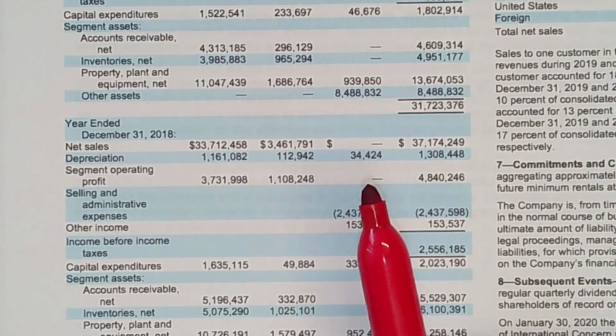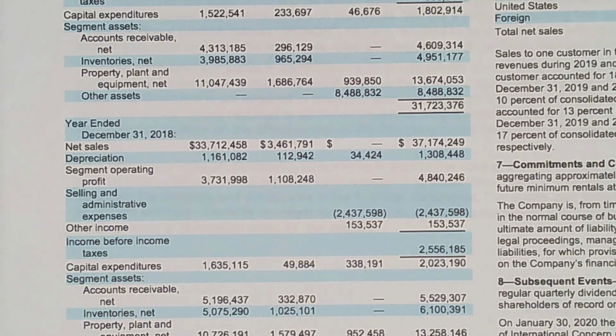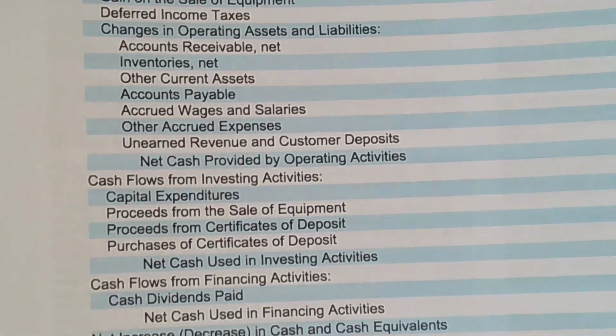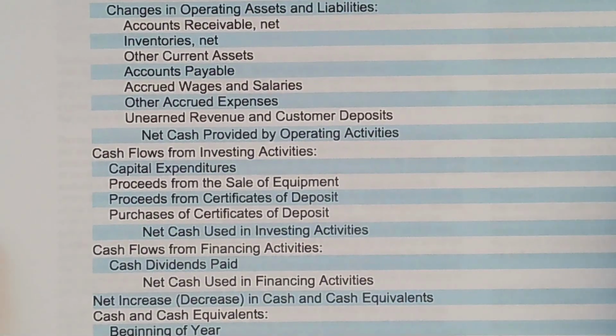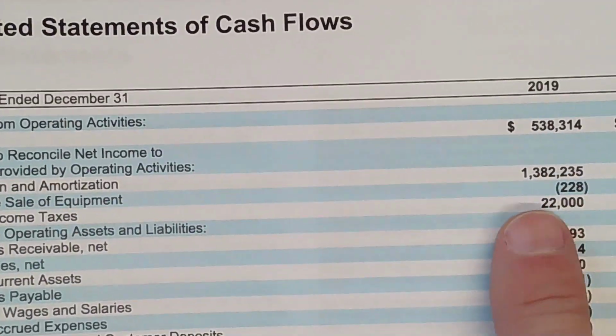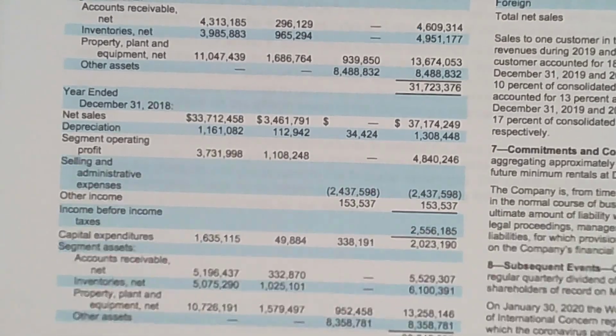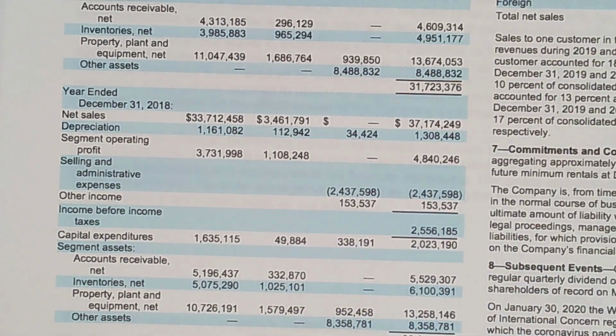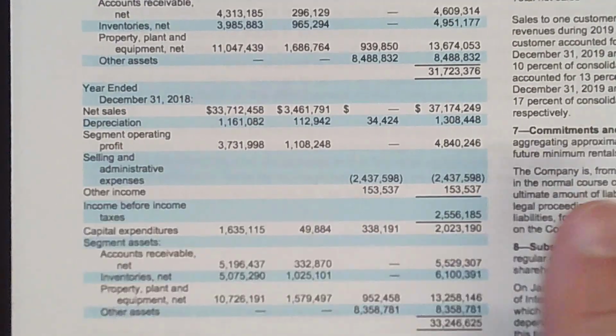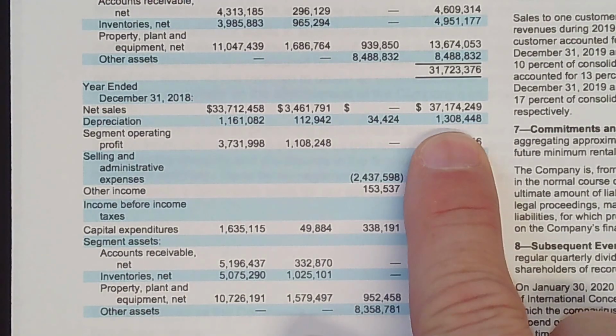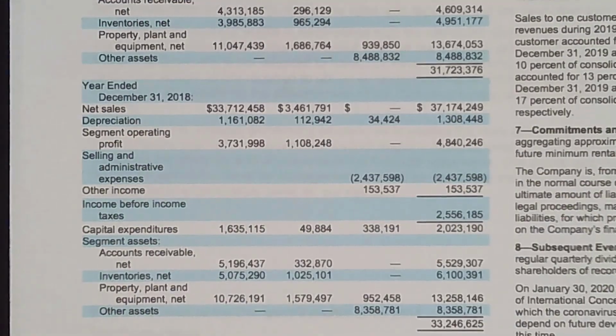Let's take a look at the cash flow statement and see if that gets close, or maybe it ties out right to the dollar. Let's see. It's pretty close. Depreciation and amortization, it's pretty close. But there's still some that we don't have. And we can always dig a little deeper and find out what that is. But depreciation is $1,308,000. So there must be some additional amortization that we're not picking up in this.